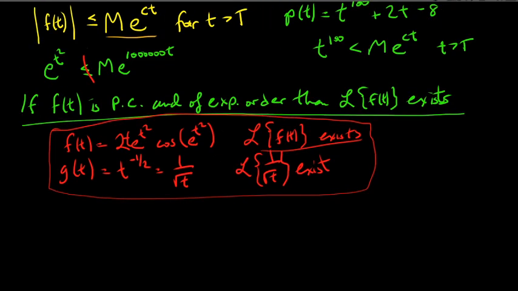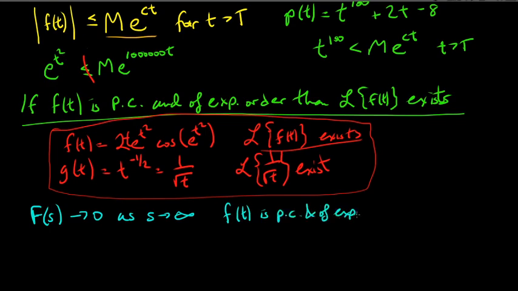Maybe one more property. If you remember the Laplace transforms, 1 over s and 1 over s squared and 1 over s squared plus k squared, it turns out that the end behavior, if you have your Laplace transform capital F, that goes to 0 as s goes to infinity, as long as little f is piecewise continuous and of exponential order.